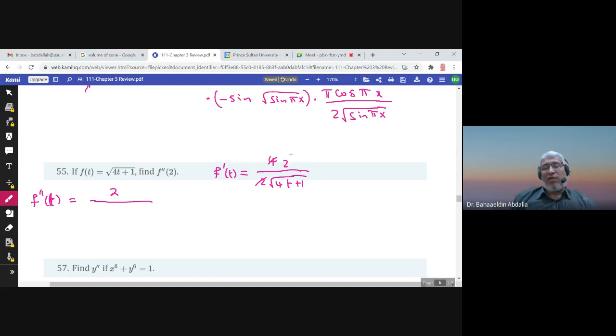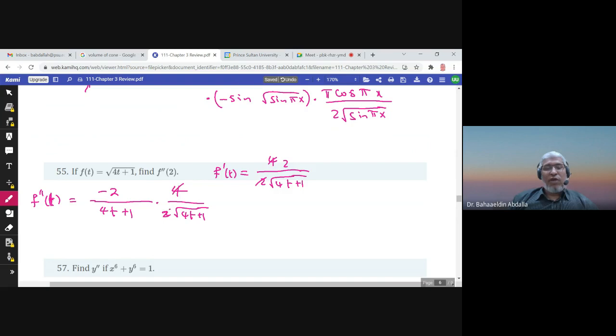Now what is the derivative of 1 over u? It is negative 1 over u square, when you square the square root, times the derivative of the denominator, which is the square root. Derivative of square root of 4t plus 1 is 1 over 2 square root of 4t plus 1 times derivative of 4t plus 1, which is 4.